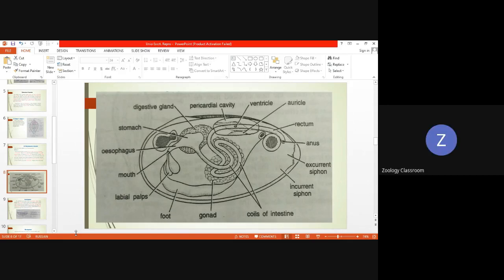Then how is the life cycle continued further? The larvae have to get a proper host, freshwater fish. Then only it can further complete its own life cycle.